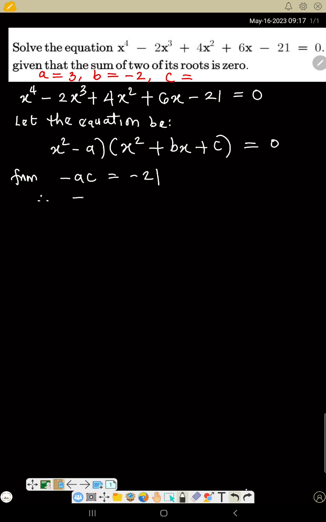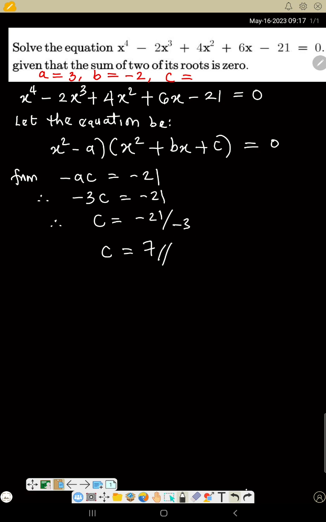So that will be minus 3c equals minus 21. So c is equals to minus 21 over minus 3. Then c is equals to 7.